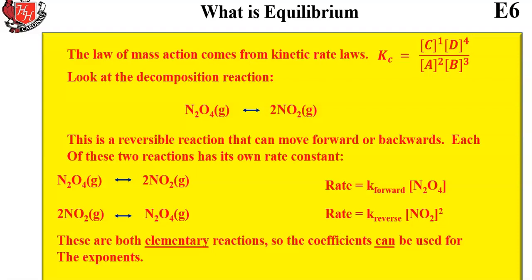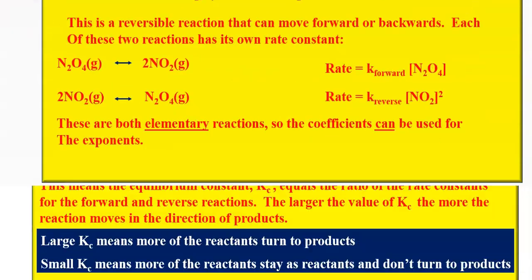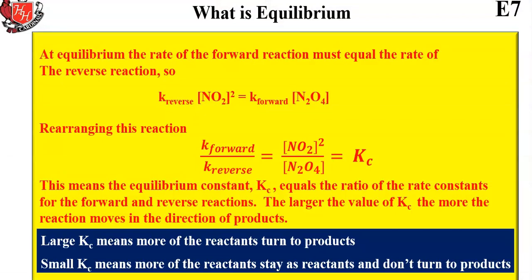And so now you have two rate laws. Since at equilibrium, the rates have to be equal, just like the children walking back and forth between the classrooms, you have to have the same number going in both directions. That means that you can set these two equations equal to each other, because the rates have to be the same. So at equilibrium, the rate of the forward reaction must equal the rate of the reverse reaction. So k reverse times NO2 squared equals k forward times N2O4.